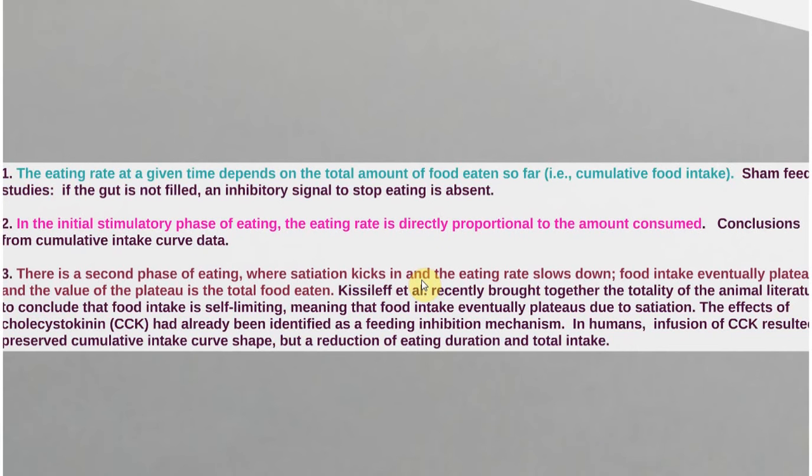However, we would like to have that as a theoretical basis. We know that from the CCK injections. Kiselov actually ran that study, that infusion of CCK resulted in preservation of the cumulative intake curve, but reduction of what we call Emax, the total maximal intake.